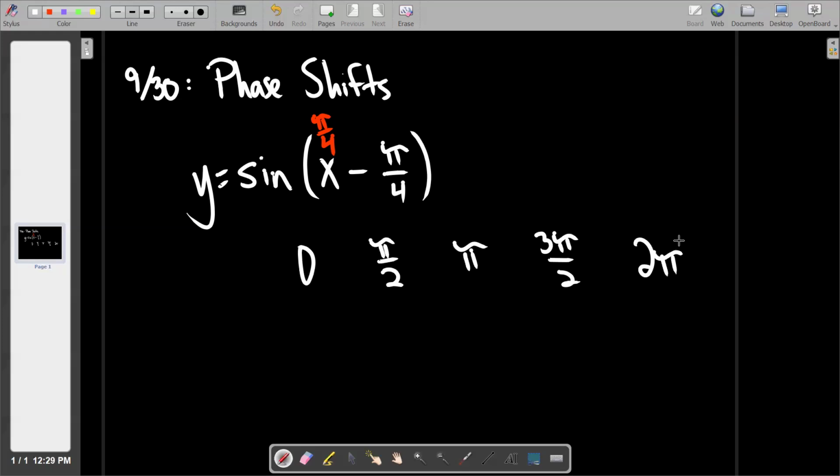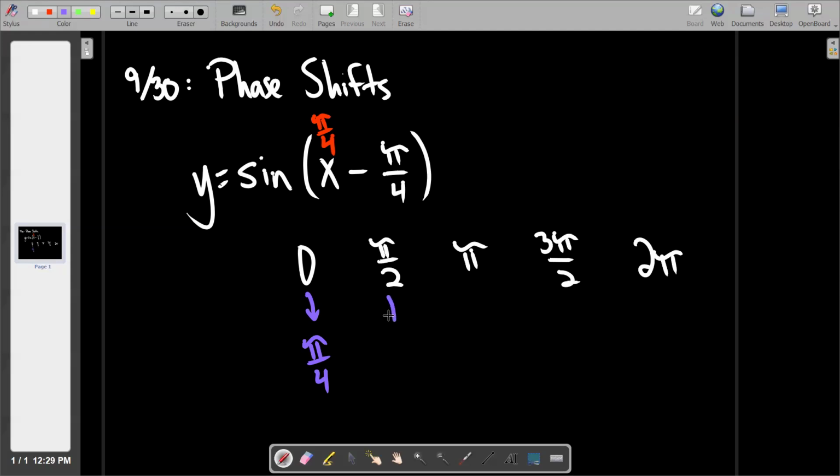But what happens if we phase shift all of those pi over 4 units to the right? Now the graph has a different starting point, and every one of those 5 points has to change. So if I phase shift to the right pi over 4 units, what does 0 become? Pi over 4. And so now the graph, quote unquote, starts at pi over 4. This period of it starts at pi over 4.